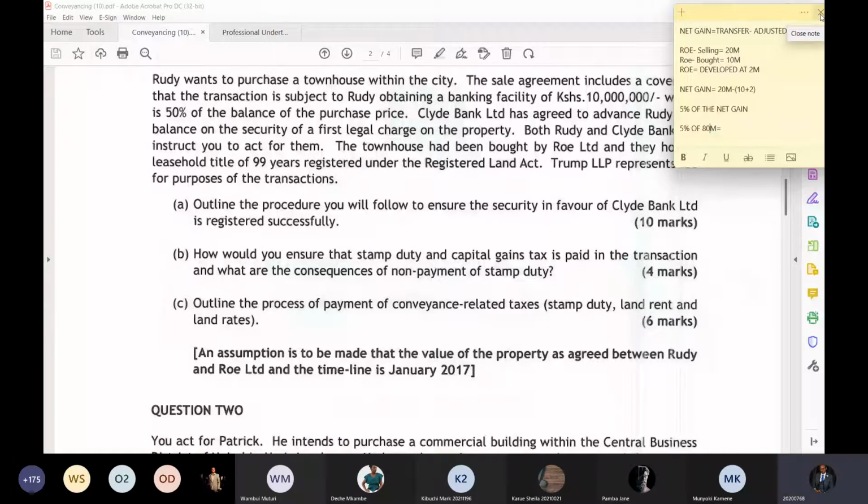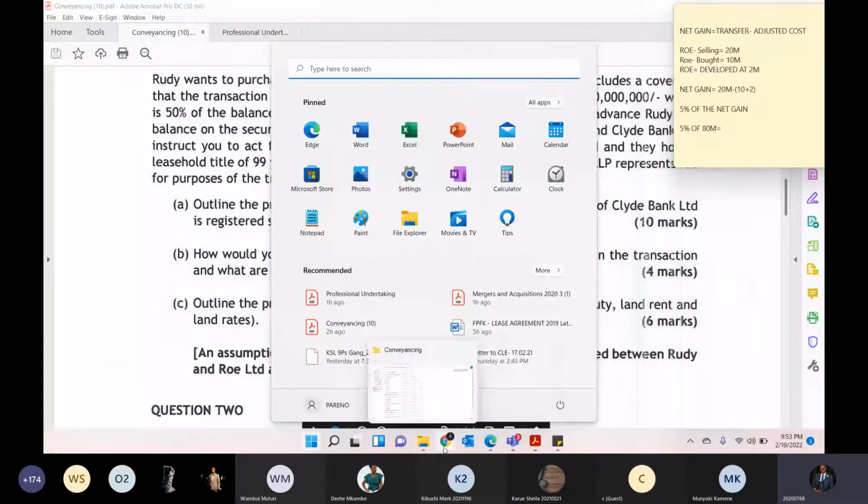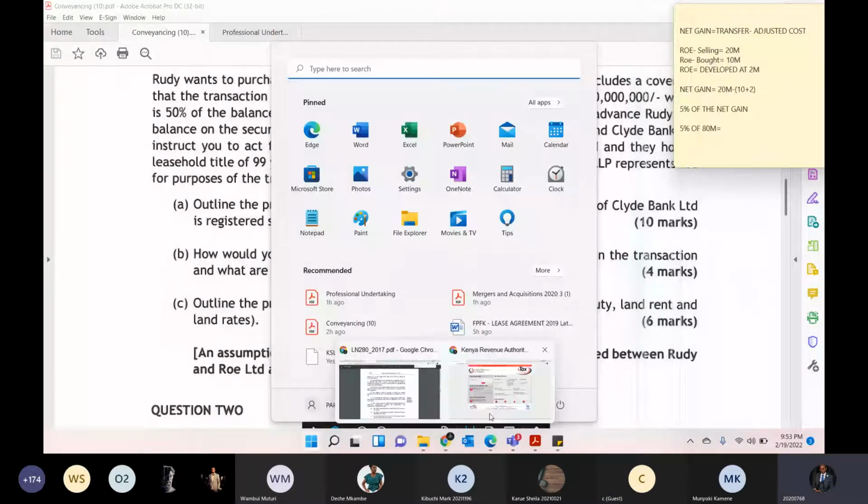Do we pay land rent to county governments? Yes. Why is that? Where the head lessor is the county government and not the national government. Exactly. You can clap for yourself, that's very true.